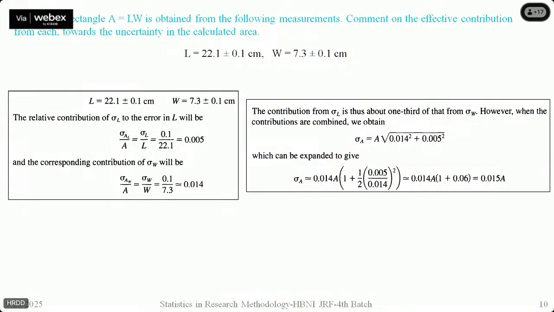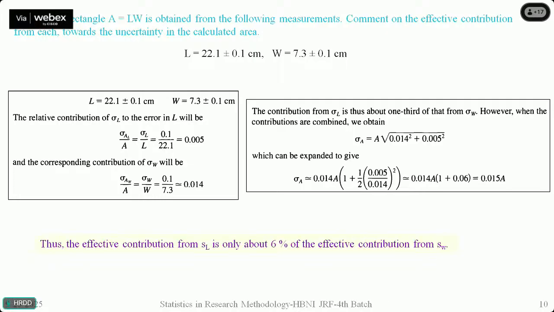So here it says that when we are measuring smaller quantities, like between 22.1 and 7.3, 7.3 is a smaller quantity. While measuring the smaller quantity, you should be more careful, and use a more precise instrument, so that your uncertainty can be under control.